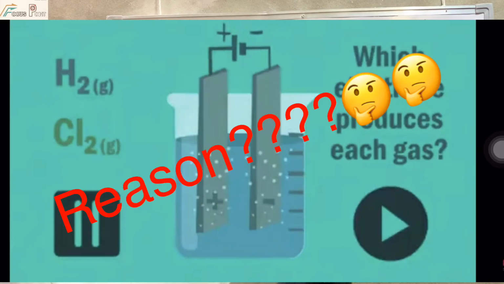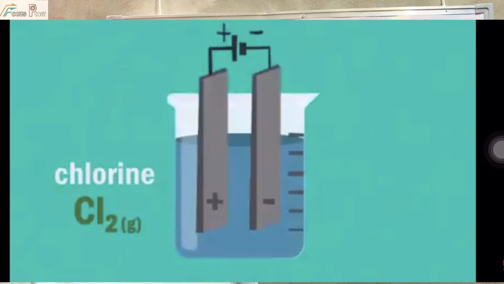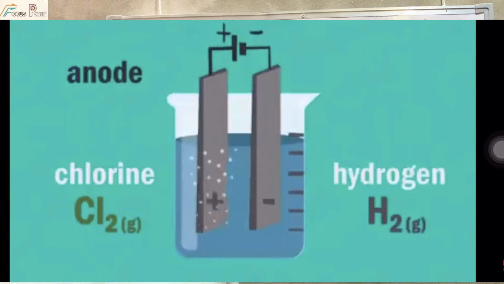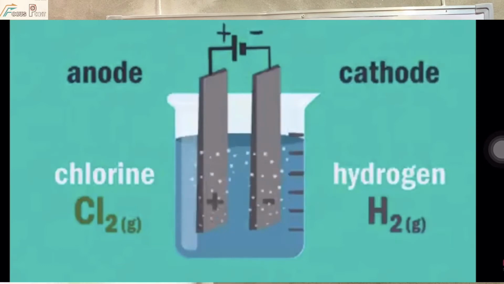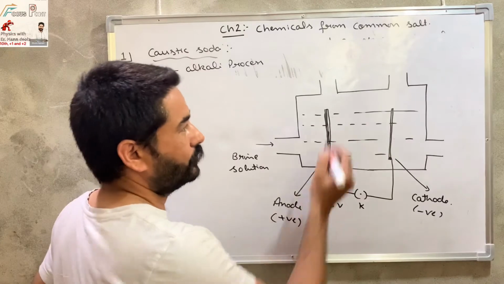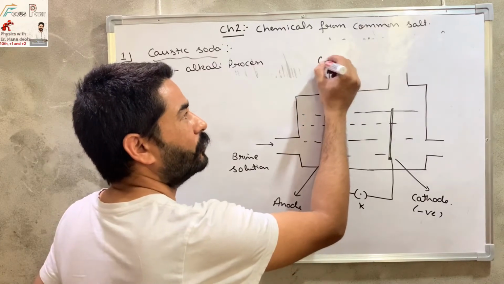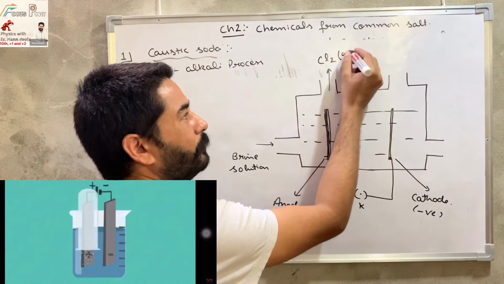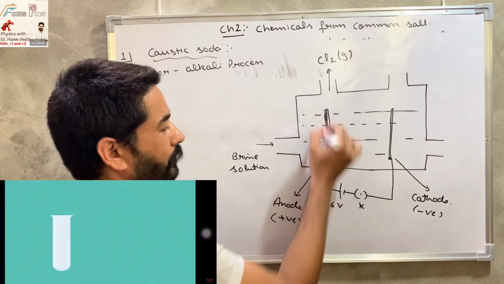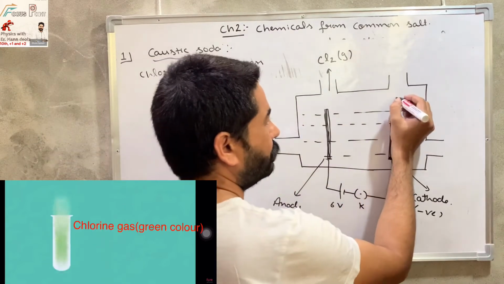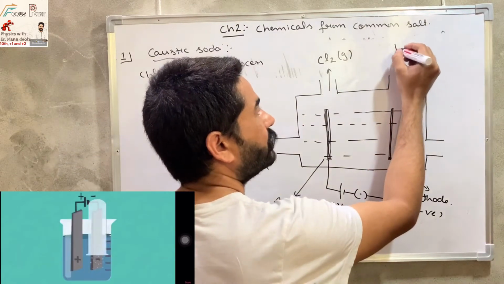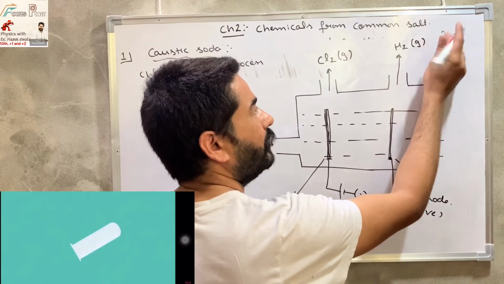If it is positive, it will attract negative charge. Now out of hydrogen ion and chlorine ion, which is negative? Chlorine ion. So chlorine will form at the anode. From here, chlorine gas will be liberated above the anode, and at the cathode, hydrogen gas will be liberated out.